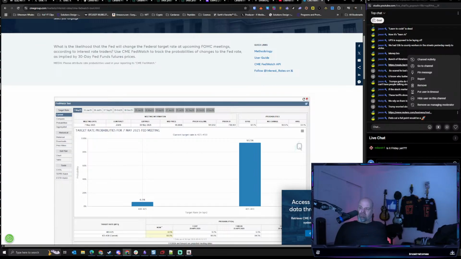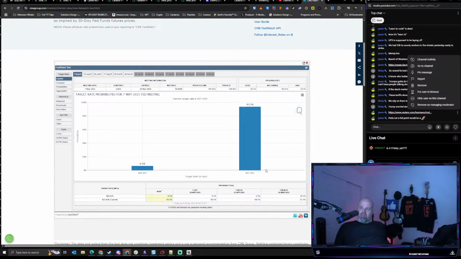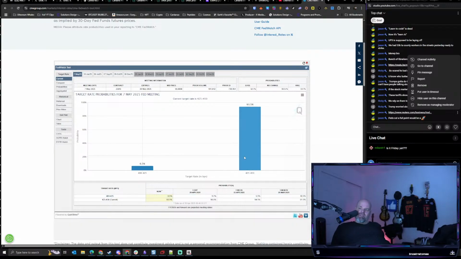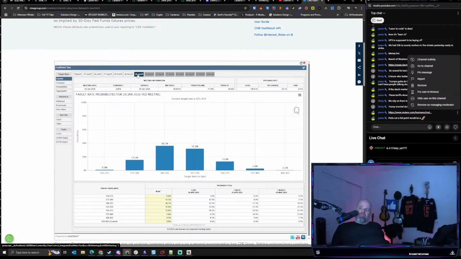Reuters. All right, so for May, current 420. So for May, there's a 94% chance we stay unchanged and a 6% chance of a rate cut. June, this is 425 to 450. So they're saying by January we'll be at 325 to 350.